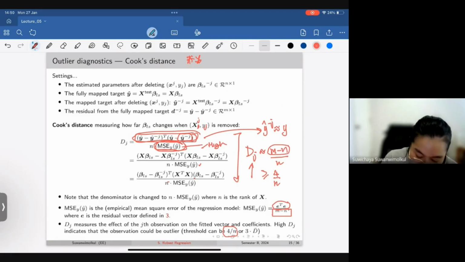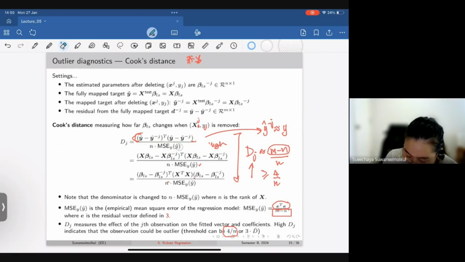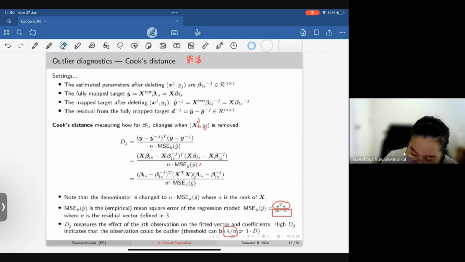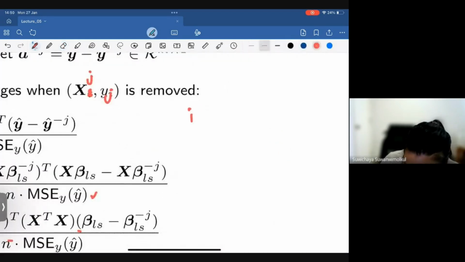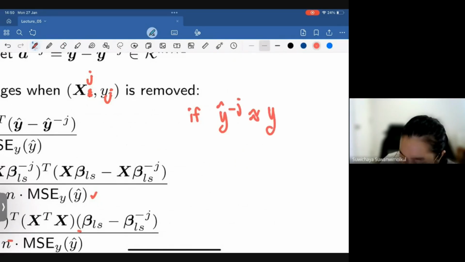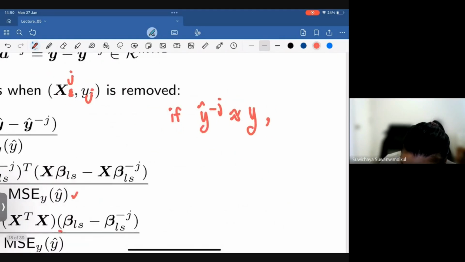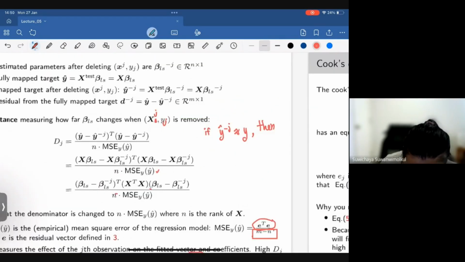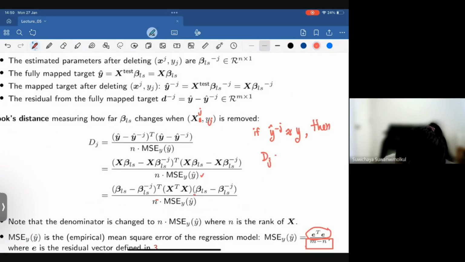Okay. So yes, the gist is, if y hat minus j is approximately close to our measurement, then what we have left is dj equal to 1 over n times 1 over m minus n over n.